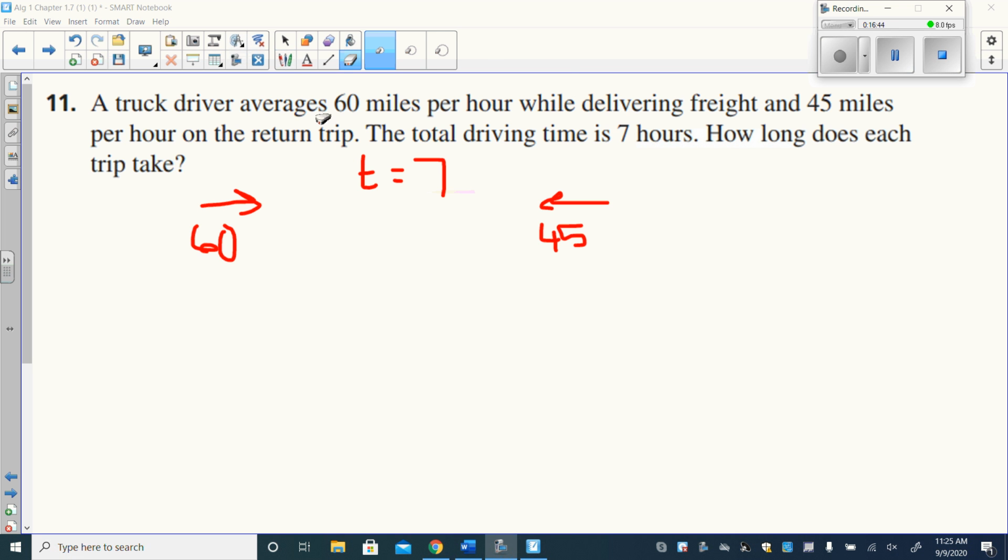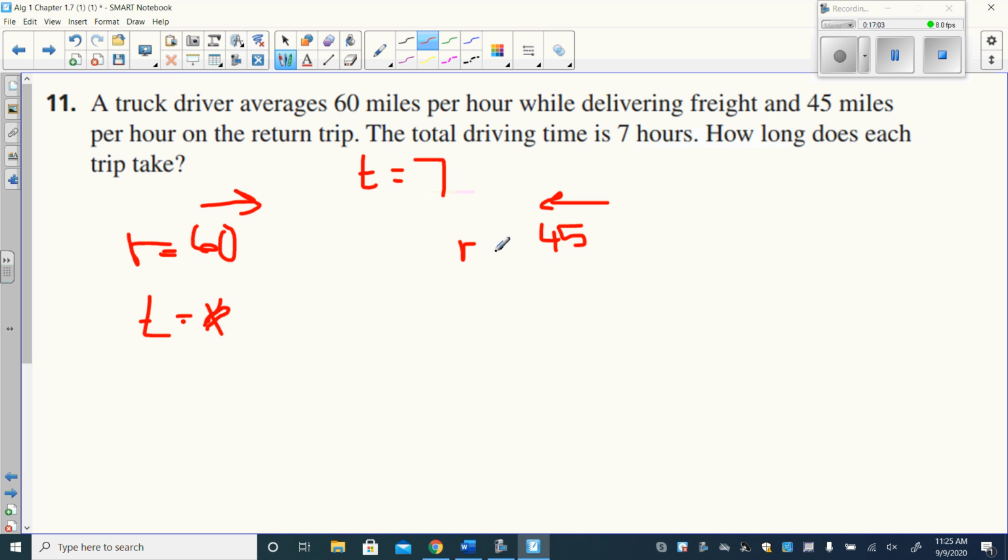So the total time is 7 hours. We were going at 60 miles per hour to get there and 45 miles per hour back. So this is our rate. Now the time to get there, I'm just going to call it X. I'm going to say it took X hours to get there. Now the rate going back is 45 miles per hour. Now the time it took to get back, well, we had how much total?